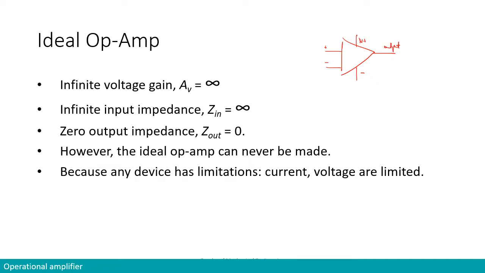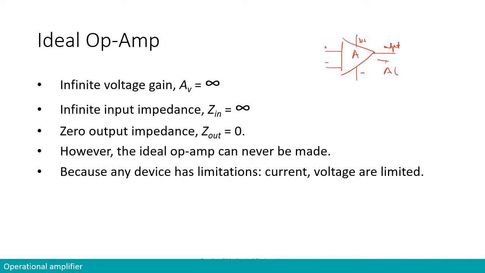It is called operational amplifier because when we give an input to the operational amplifier, the output will be a multiplication of the difference of the inputs. So it will be a gain A multiplied by a combination of the inputs.